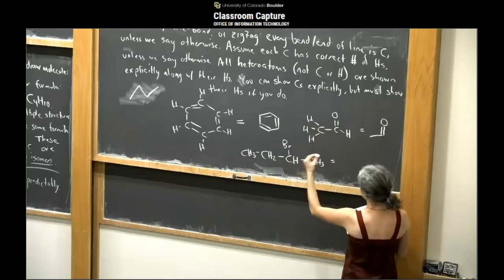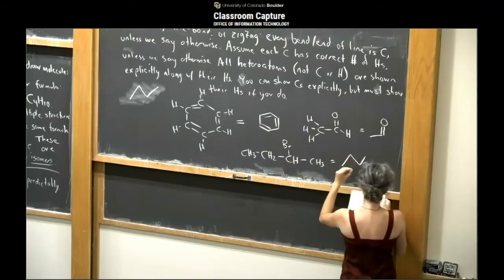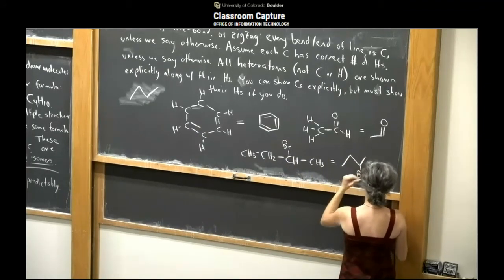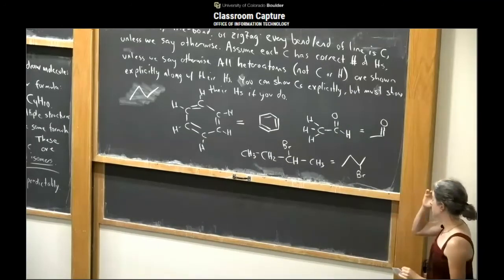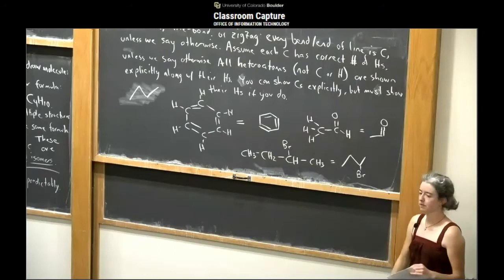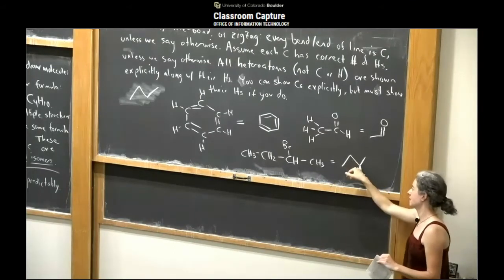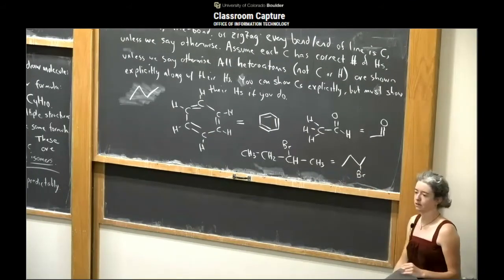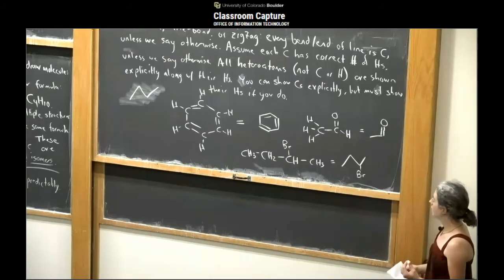I can do this as butane, like the zigzag structure that I've gotten used to looking at, but with a bromine hanging off of it. It doesn't really matter if you show it below or above the zigzag. It's probably easier to just keep it outside of the bend of the line so that it's out of the way a little bit more.